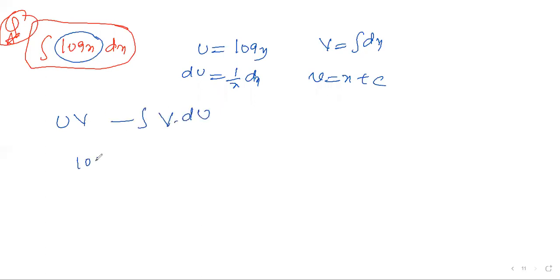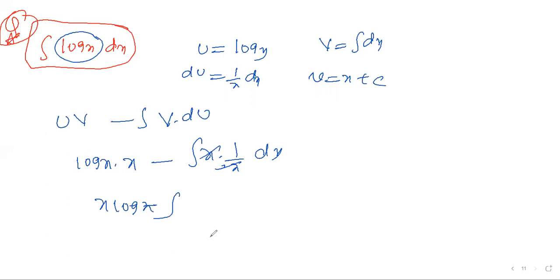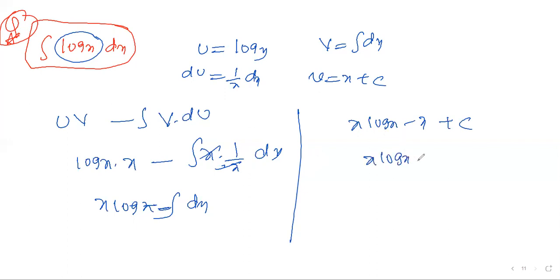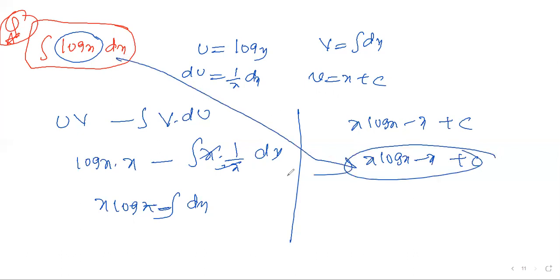So u is log x, v is x, integration of x into 1 by x dx, so the x cancels. So x log x minus integration of dx. Integration of dx is x plus c. So we can say x log x minus x plus c. This is the integration of log x: x log x minus x.